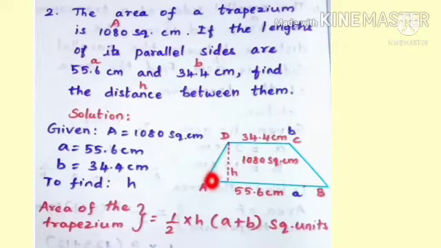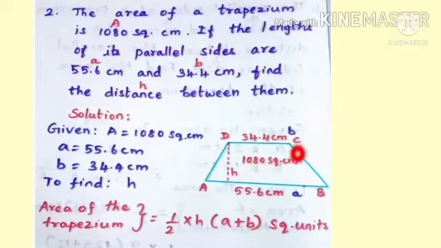So as a solution, first draw the trapezium and mark the values given in the question. So ABCD is a trapezium and AB and CD are the parallel sides, and the values of the parallel sides are 55.6 centimeter and 34.4 centimeter, which are a and b.